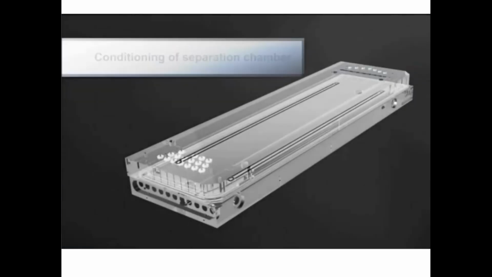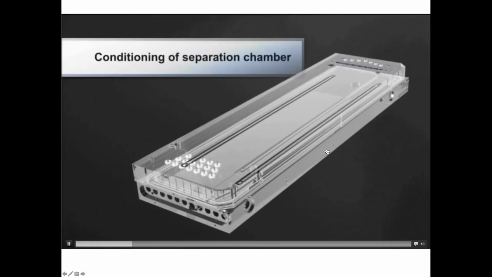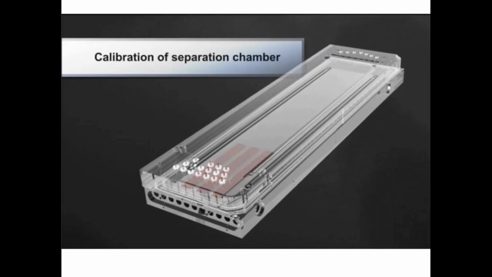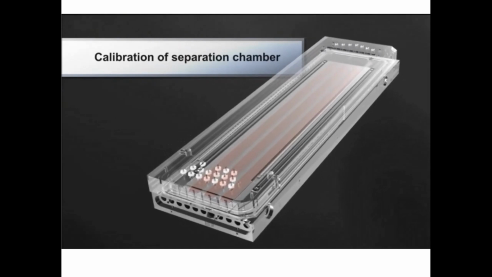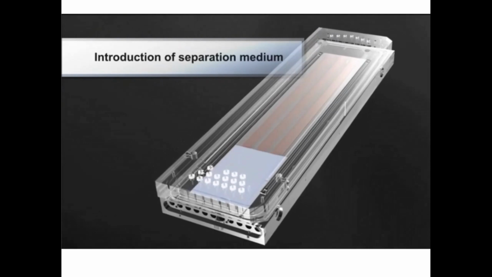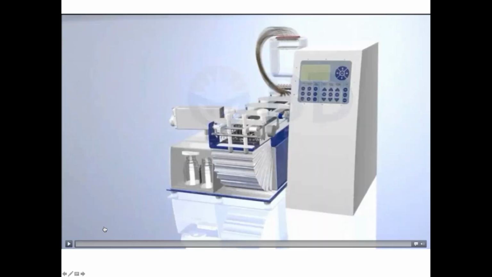So basically, you perform an isoelectric focusing. You condition the separation chamber with your electrolyte first. You calibrate it. So you get these stripes of the segments. You put the separation medium on top, like shown here.